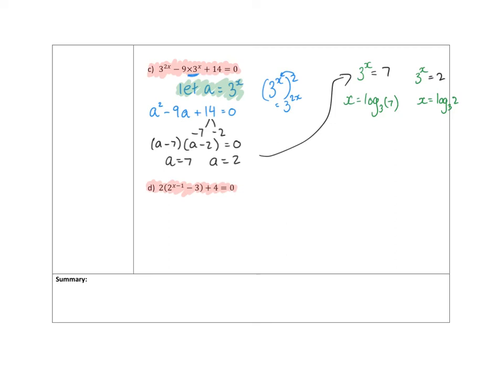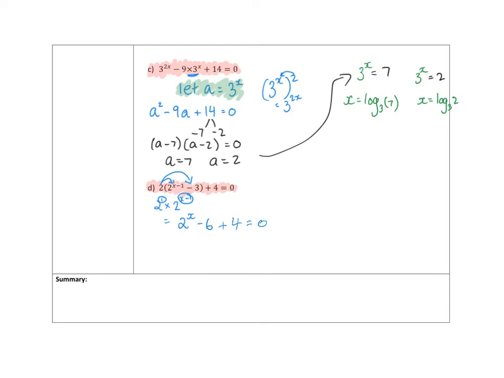So if I multiply 2 times 2 to the x minus 1, it's a bit like saying 2 to the 1 times 2 to the x minus 1, which we know if we just add x minus 1 and 1, we end up with 2 to the x. And then 2 minus 3 is going to be minus 6, and plus 4 equals 0.